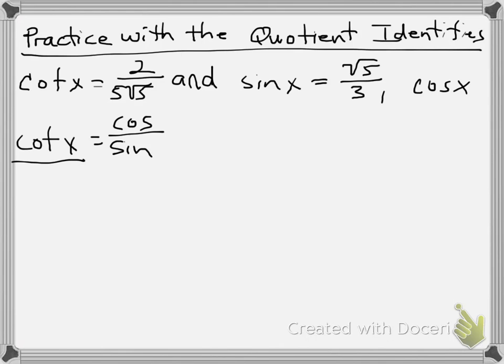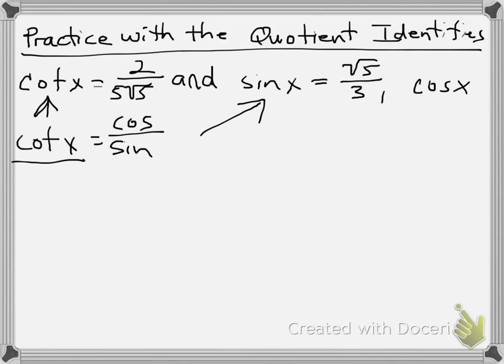Now we know from this part of the problem that the sine value is equal to the square root of 5 over 3. We're also told in the problem that the cotangent of x is equal to 2 divided by 5 times the square root of 5.